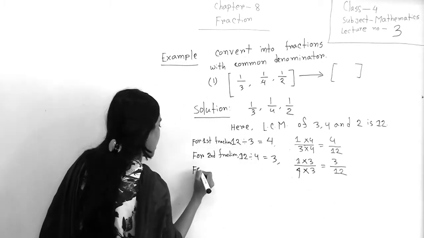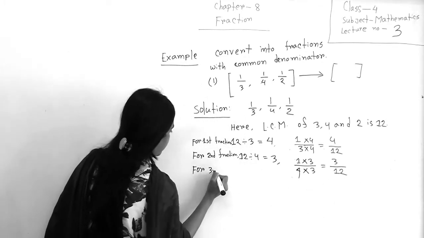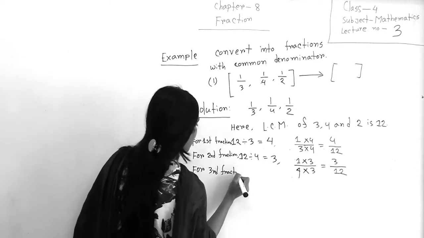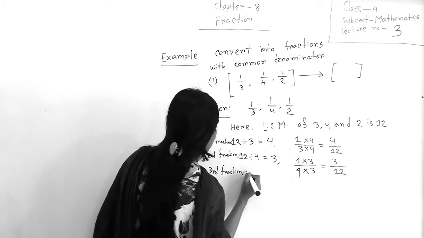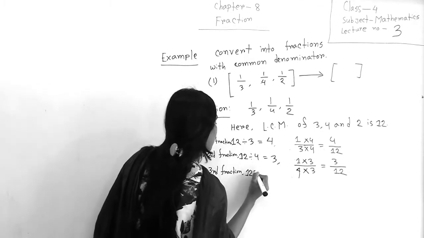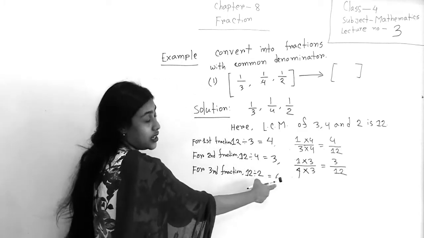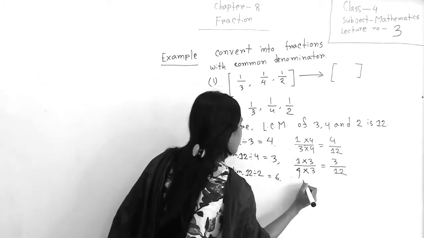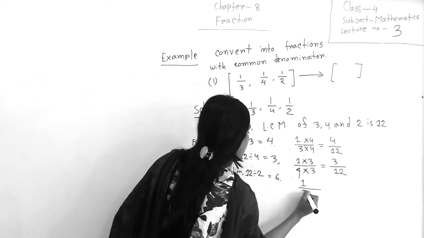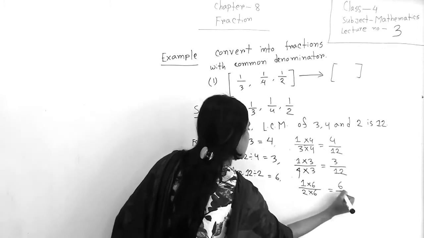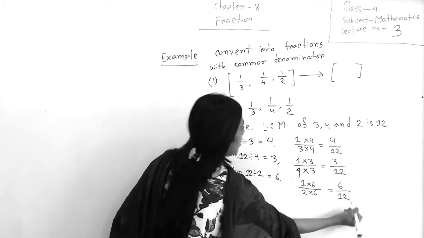For third fraction number, 12 divided by 2, get result 6. This 6 is multiplying both numerator and denominator and get result 6 divided by 12.